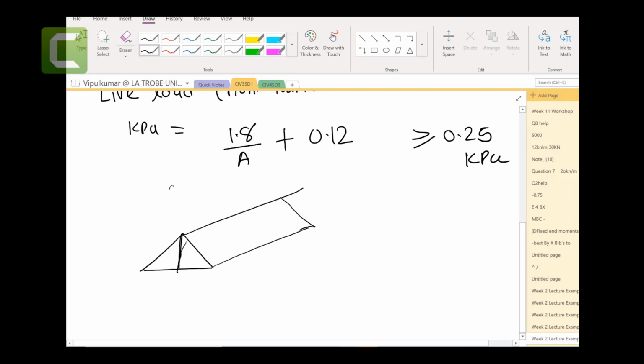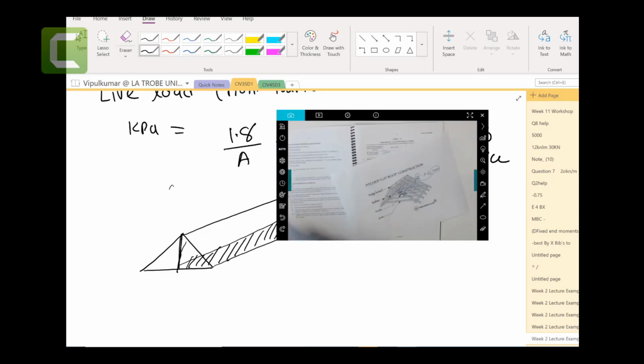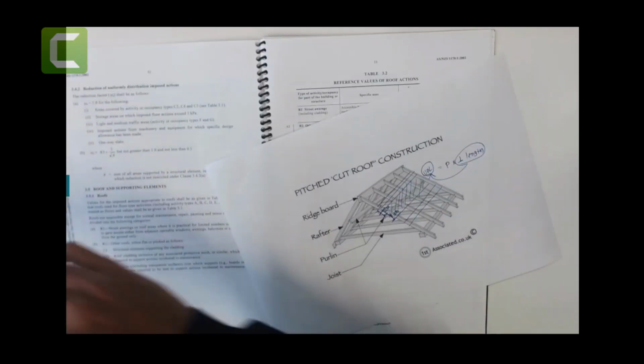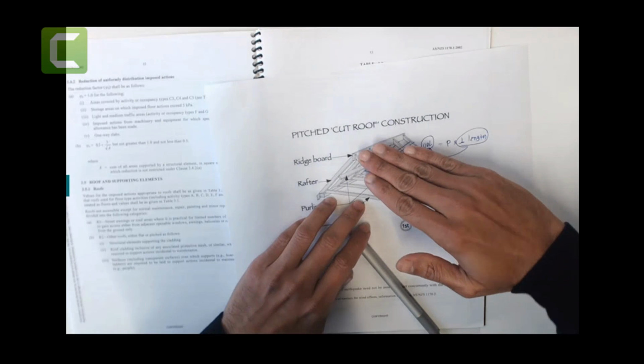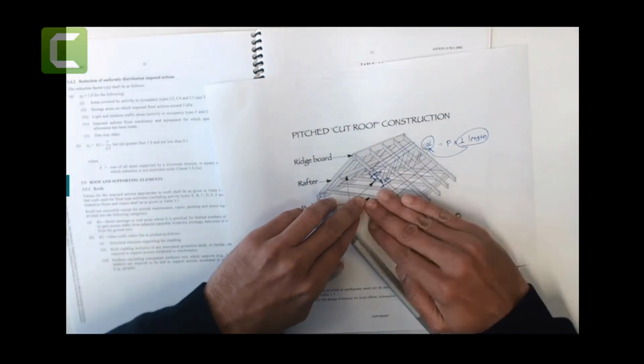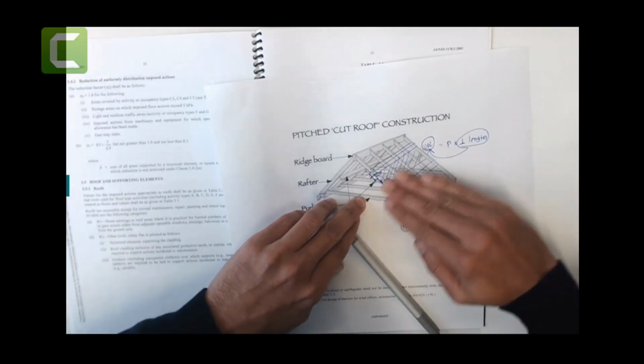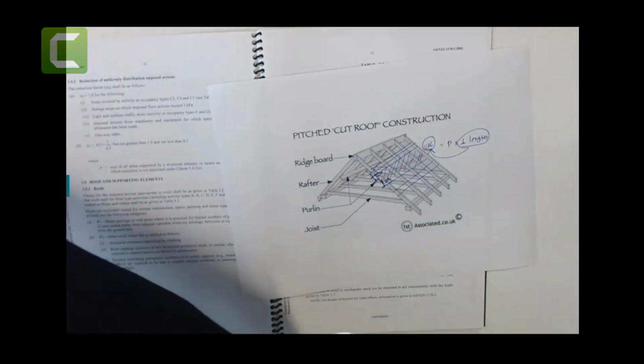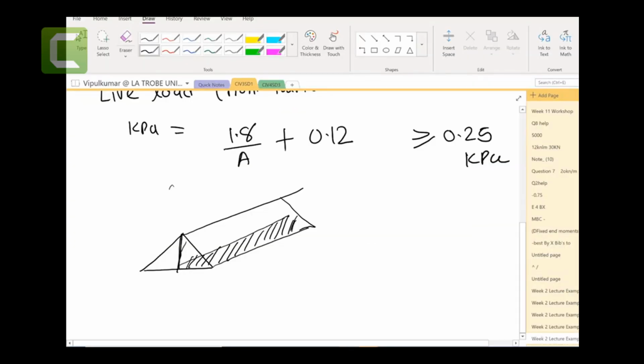If I take a shadow, then this will be the projection area, like a shadow. So if I look at this one, this is the plan projection, the bottom surface of that one. That is the plan projection area A. To calculate this plan projection, I need to calculate this distance and this distance.